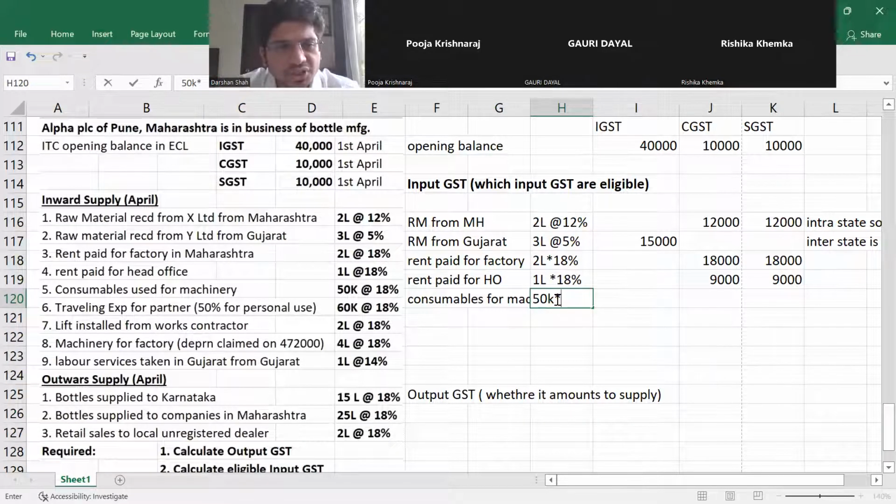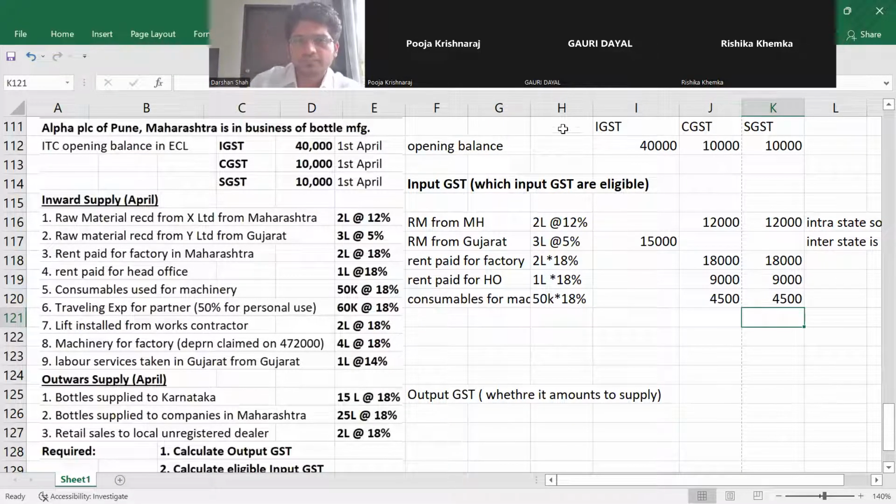But consumables for machinery are for the furtherance of business, and machinery will be used in factory. So if nothing is given, I'll assume it to be intrastate. So 9%, 4,500.